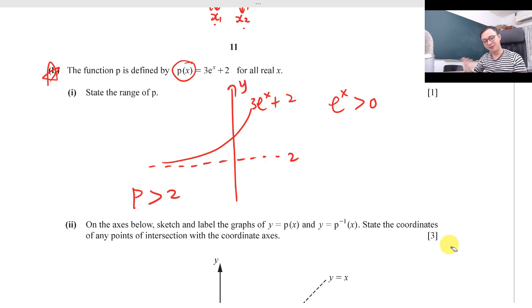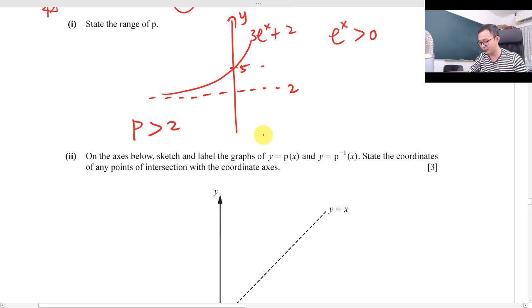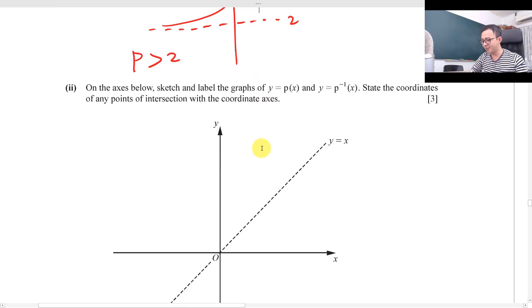Yep, so this is what it is. Something you need to understand quite well is the y-intercept, it will be 5 over here, because you will need to use it in part 2. So on the axes below, sketch the graph for it.